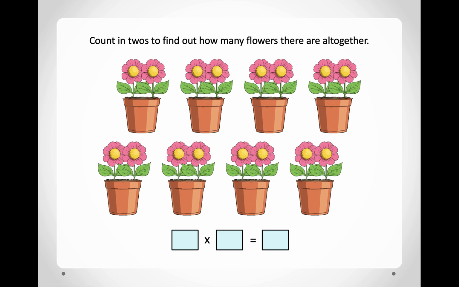Now to write this as a multiplication sum, we first know that there are 2 flowers in each pot. Now we count how many pots there are. 1, 2, 3, 4, 5, 6, 7, 8. There are 8 pots. And we already counted in twos to find out how many flowers altogether. There are 16 flowers altogether.